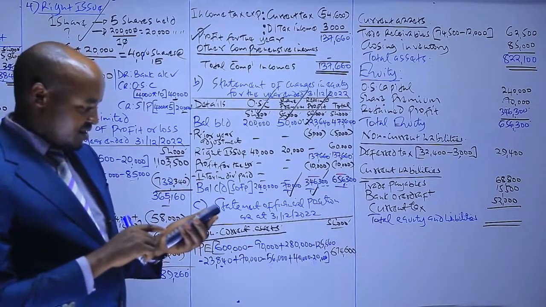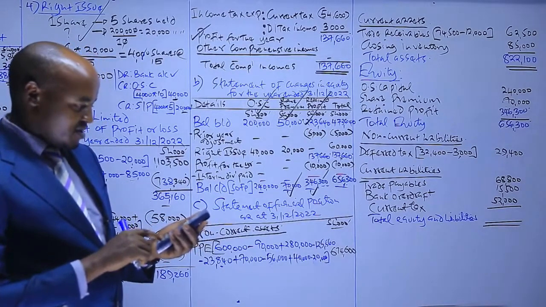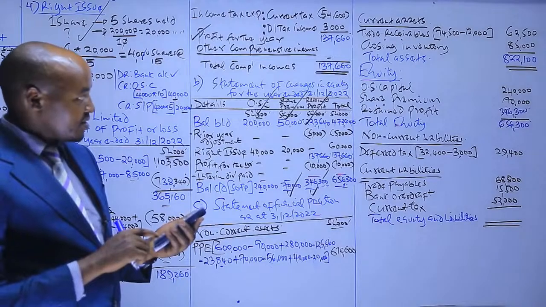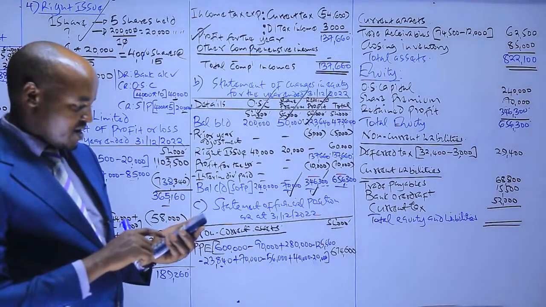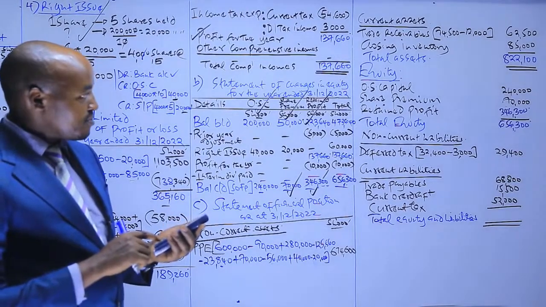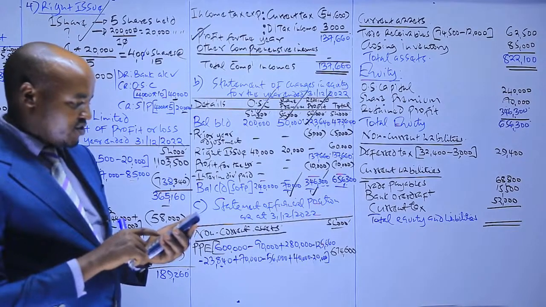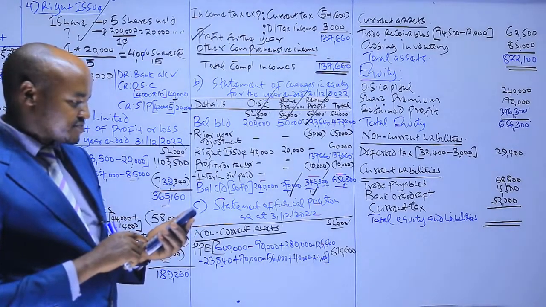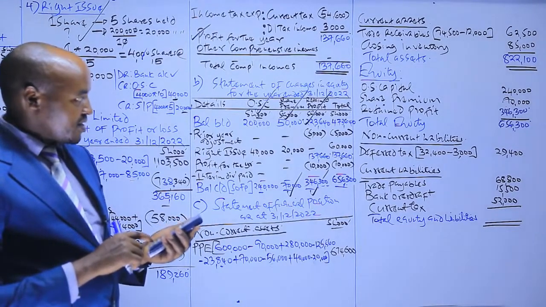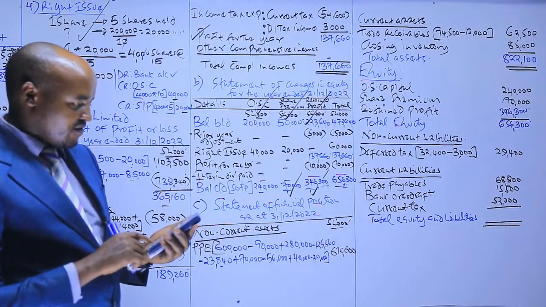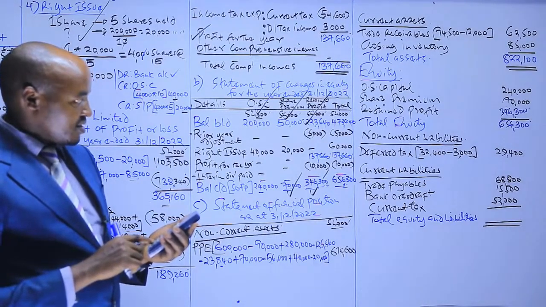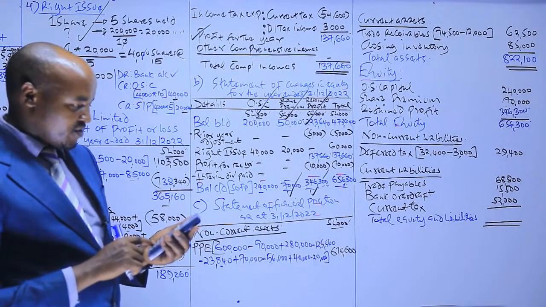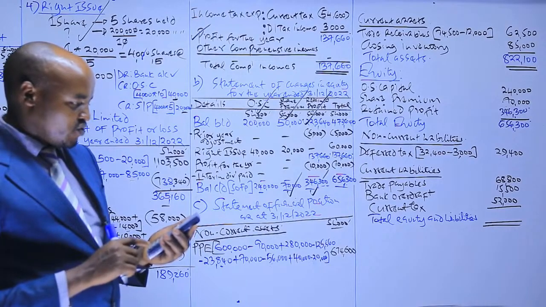We start from equity there, 656,300, plus 29,400, plus 68,800, plus 15,500, plus 52,000.